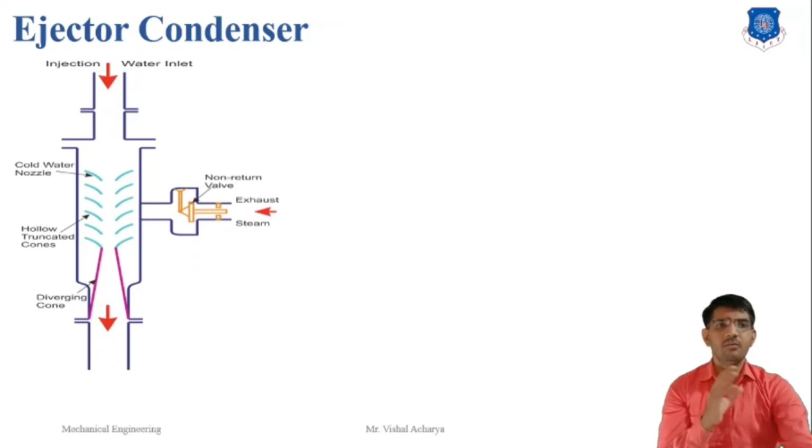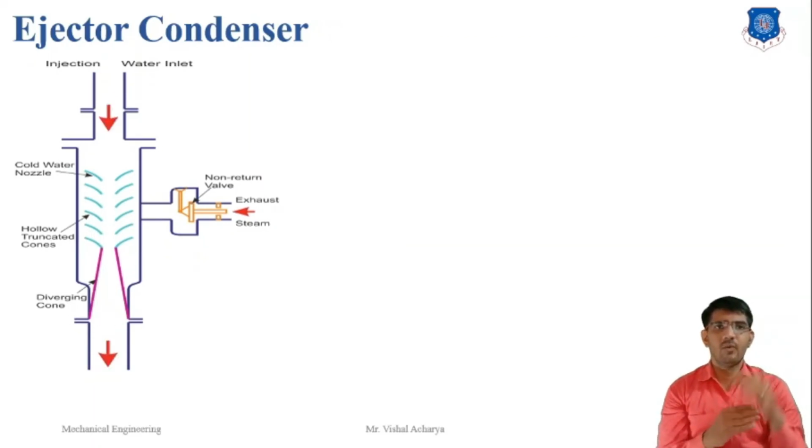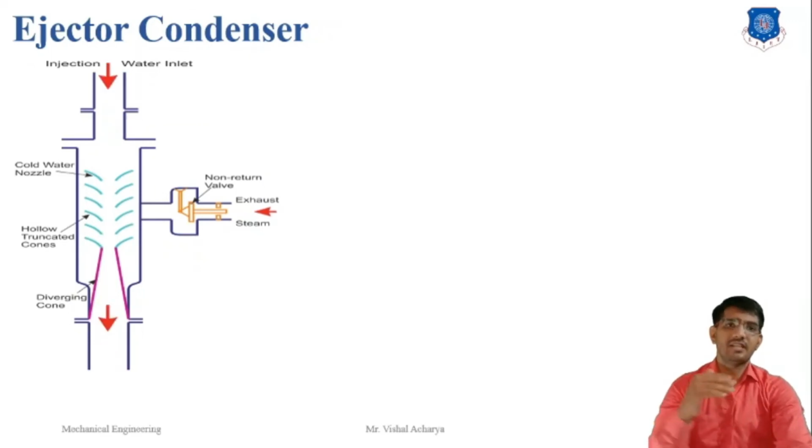The steam and water mix with each other while passing through the series of hollow truncated metal cones, and the steam changes into water. At the end of the metal cones, the diverging cone is present. When the condensate passes to the diverging cone, its kinetic energy is partially transferred into pressure energy, and the condensed and cooling water is then discharged through the pipe to the hot well.